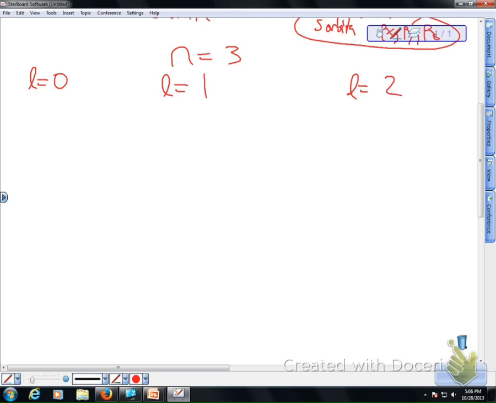There are only 3 subshells. Remember, the number of subshells, 1, 2, and 3, is always the same number as the level, the floor you're on. So this is the S sublevel, this is P, and this is D.